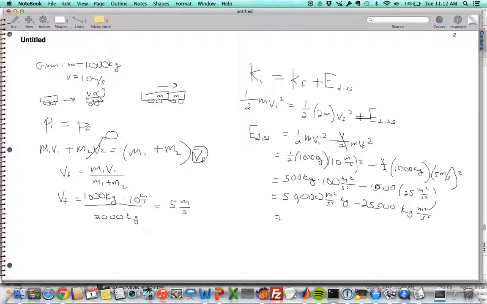And so this is equal to 25,000 joules, right? Kilogram times meter squared per second squared is a joule. And so my dissipated energy is equal to half of my initial energy, 1/2 K initial.